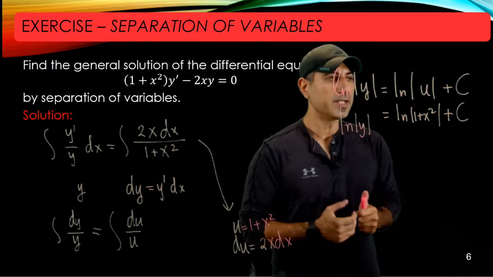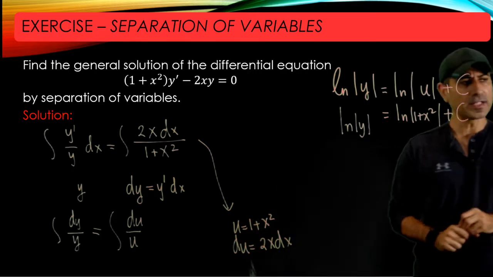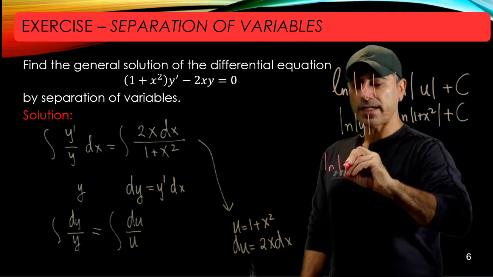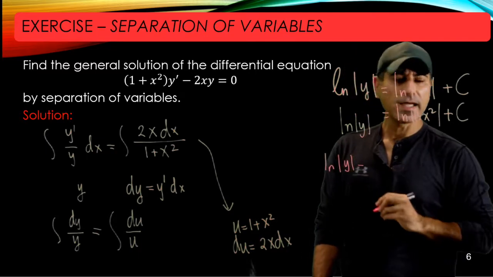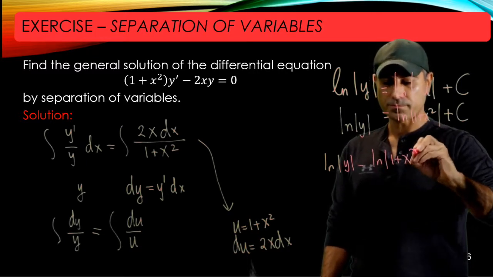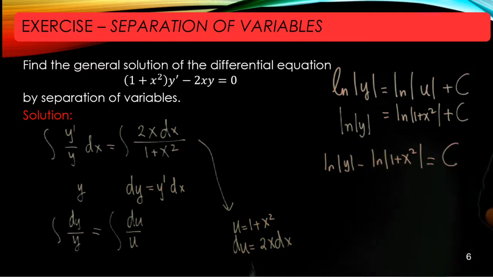At this moment, you can simplify this expression a little more by using the properties of ln. I can subtract ln of 1 plus x squared from both sides of the equation, and the right-hand side is just the arbitrary constant c.